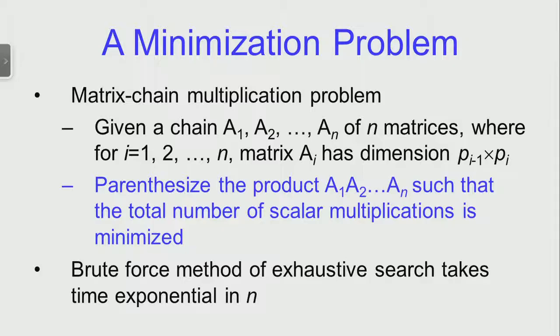One natural approach is the brute force method, where we try all possible parenthesizations. I leave this as an exercise to the student to calculate how many parenthesizations there are for a chain of n matrices. It is indeed exponential in n. The exact function is left as an exercise to the student.